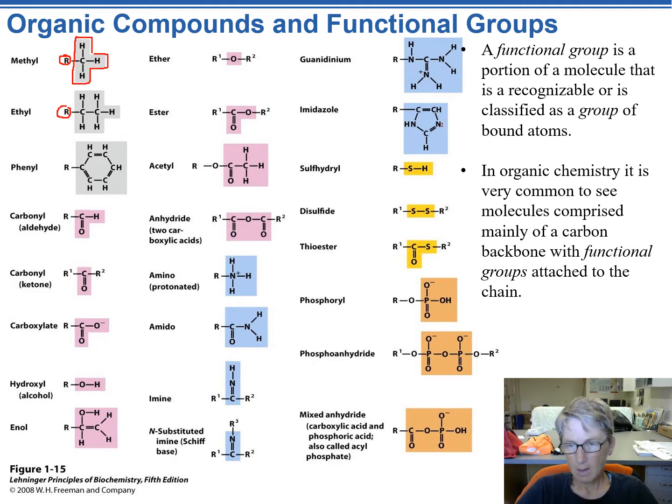In organic chemistry, which is mostly what we're interested in for anatomy and physiology, it's really common to see molecules that have a carbon backbone, so carbon, carbon, carbon, carbon, carbon, with functional groups attached to that carbon backbone chain. So let's look at some more functional groups that are interesting for us. Definitely a methyl group is interesting for anatomy and physiology.